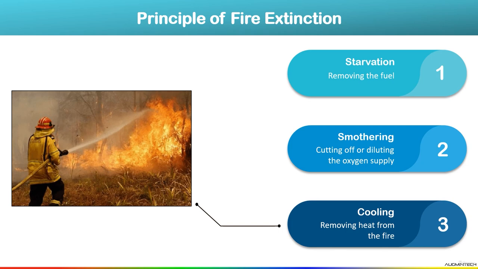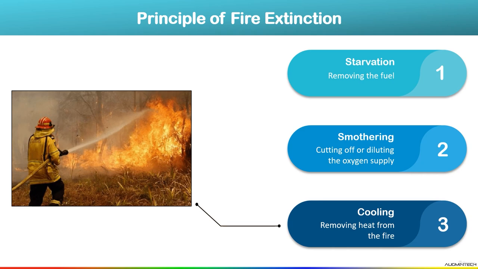For combustible material, you can use water, but for electrical, oil and metal fires we cannot use water. For others, water is the best extinguishing agent.